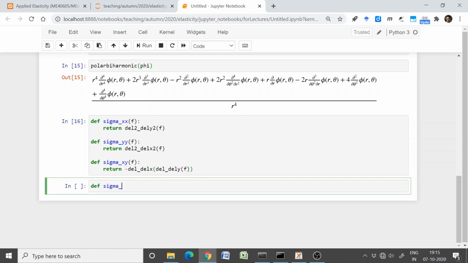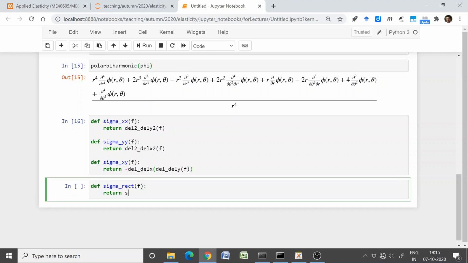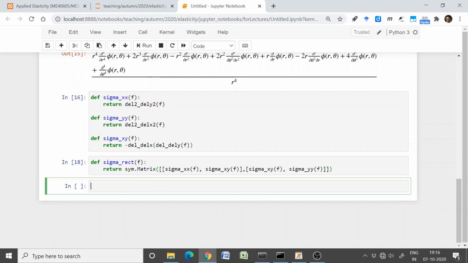Because we are working in the rectangular Cartesian coordinate system, I'll call this sigma rect of f, and what this will return is the matrix form involving the sigma xx of f, sigma xy of f in the first row, and sigma xy of f, sigma yy of f in the second row. That's our definition. I am not going to display this because it's going to be a huge thing.